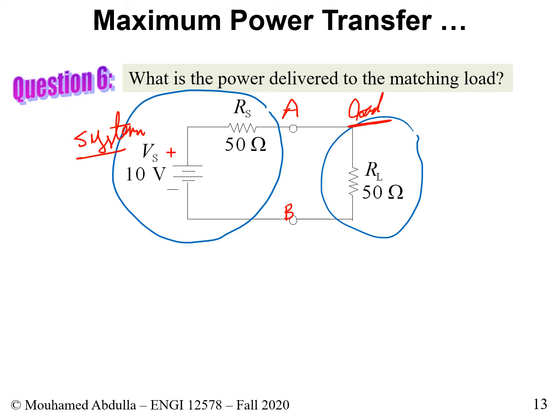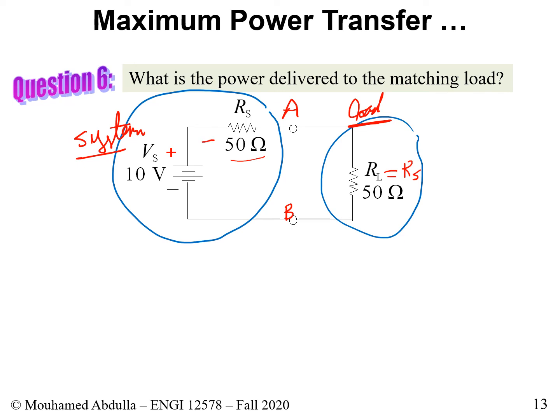Matching, in other words, means that it has the same value as the internal resistance. If the internal resistance is 50 ohm, then the load is equal to the same value as the internal resistance, so it is also equal to 50. If the load is 50 ohm and the system has 50 ohm, this one here will get half of the voltage.